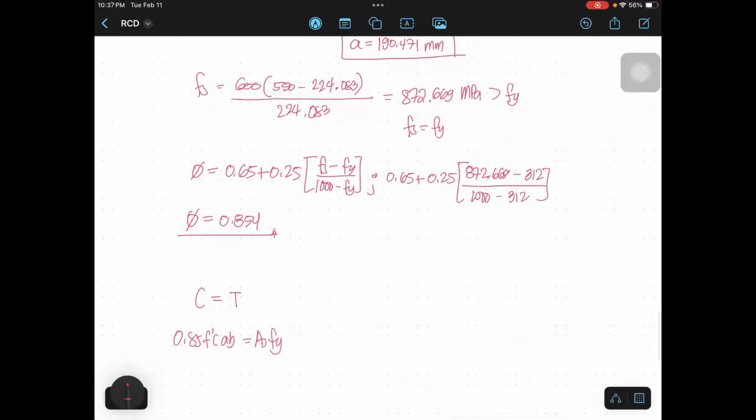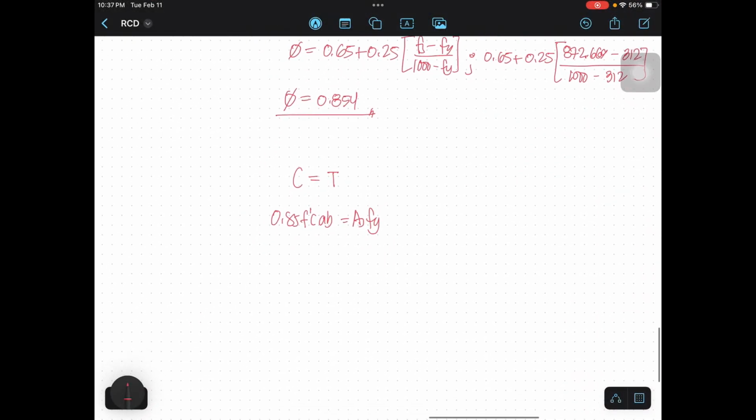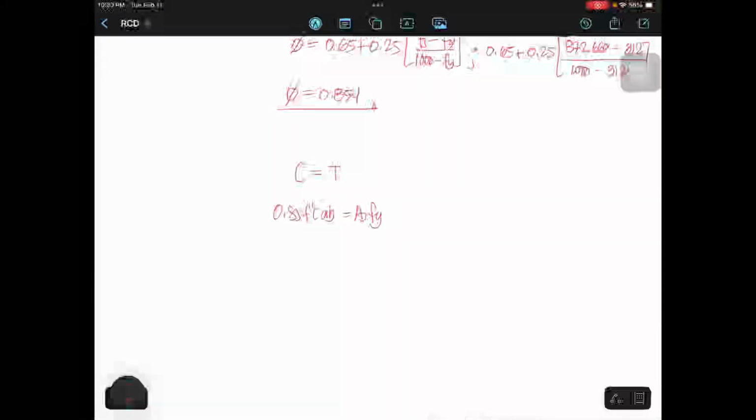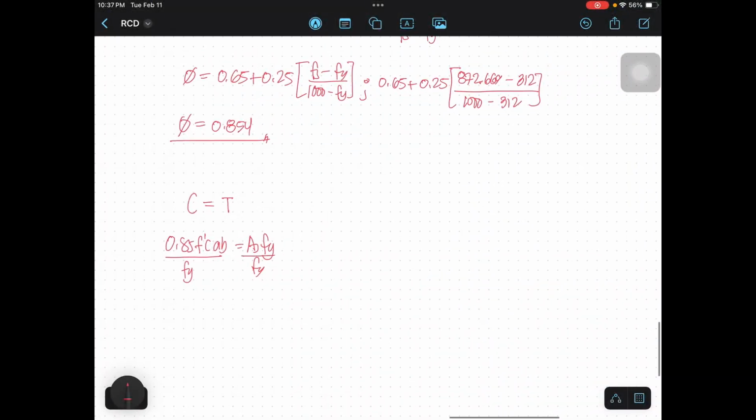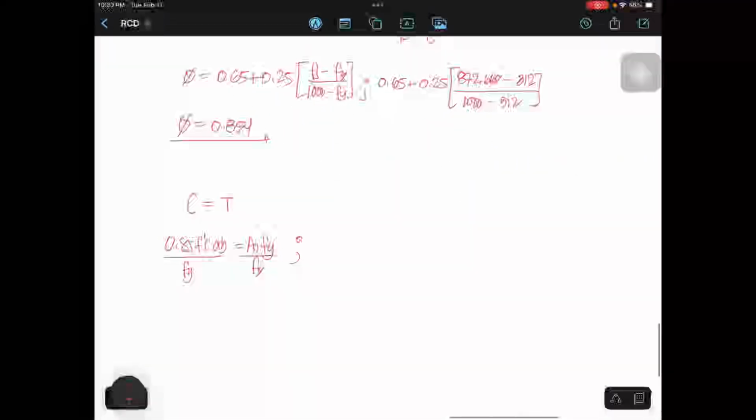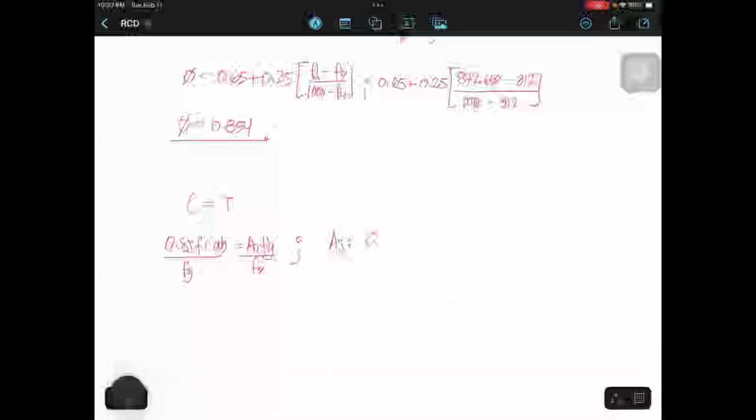So if Fs is greater than Fy, we can safely say that Fs is Fy. Next, our target here is As. So divide both sides by Fy. The area of steel reinforcement is 0.85 F prime c Ab over Fy.